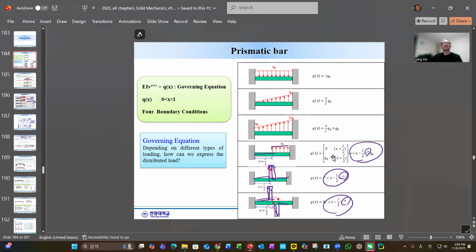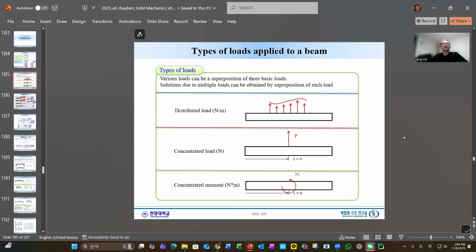This is just a simpler way to express it. We define a function, and this we actually already covered, but I just like to remind again. This is a distributed load, and the concentrated load and concentrated moment can be represented in terms of a distributed load.